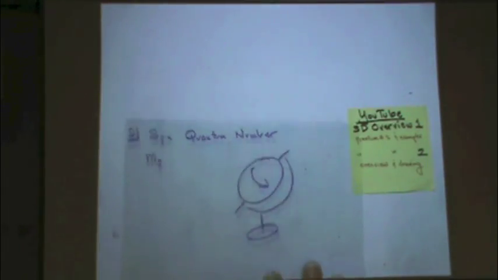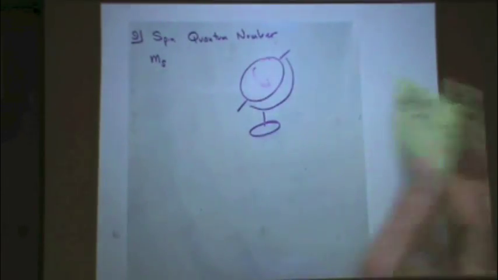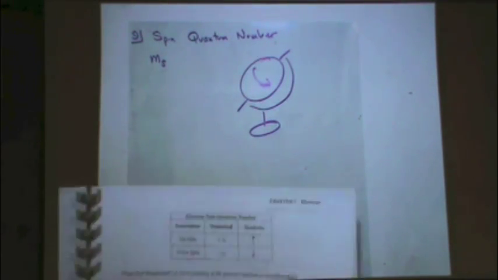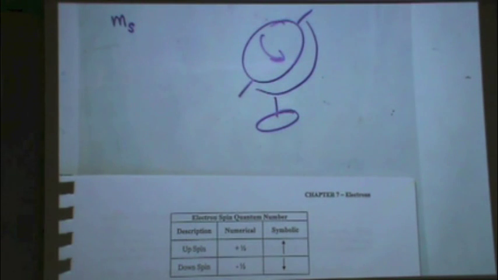And for this, I'll just show you the reader, right here on the top of page 71. If it spins one way or the other, that's an up spin versus a down spin. You can symbolically represent that by an up arrow or a down arrow.